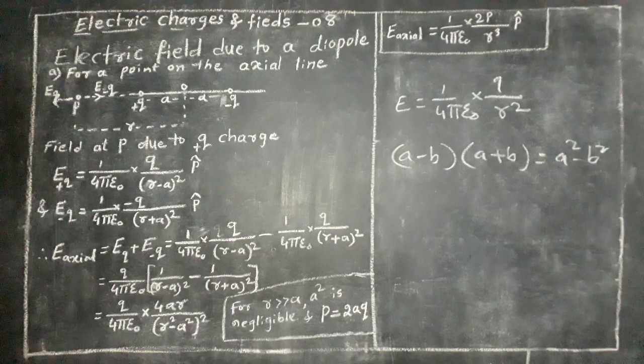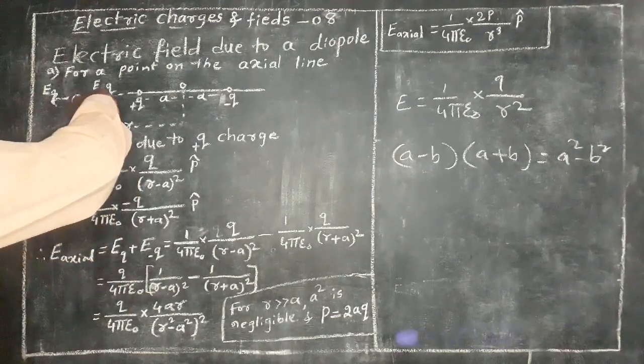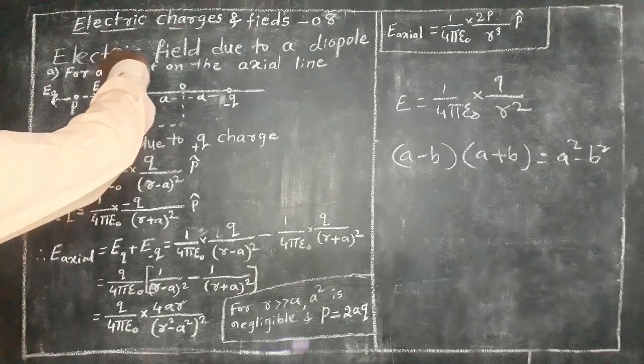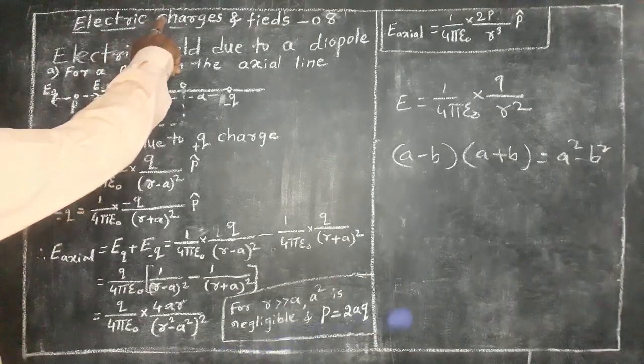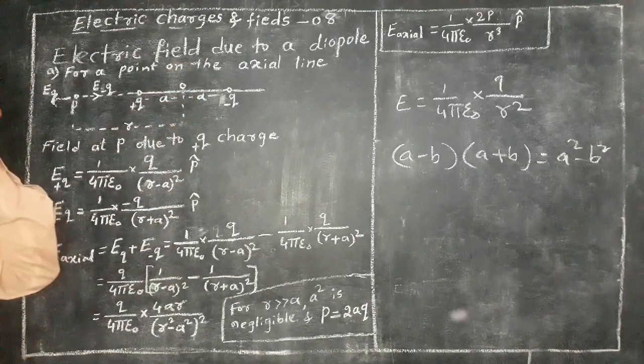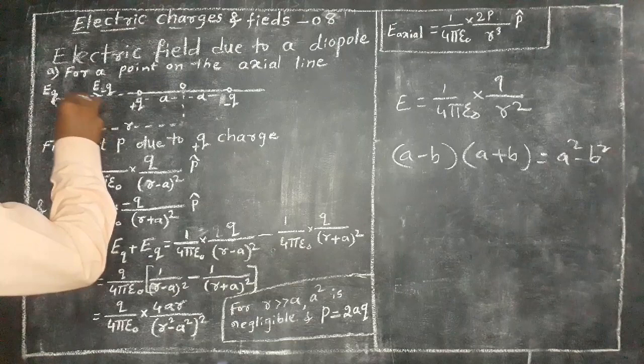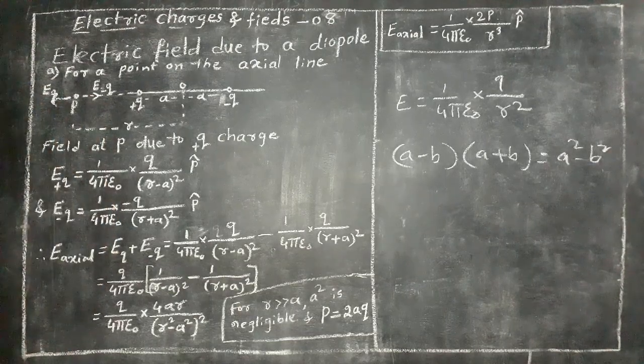And the electric field due to a dipole goes on decreasing as we move towards the bisector. And on the bisector, the electric field is half the electric field on the axial line.